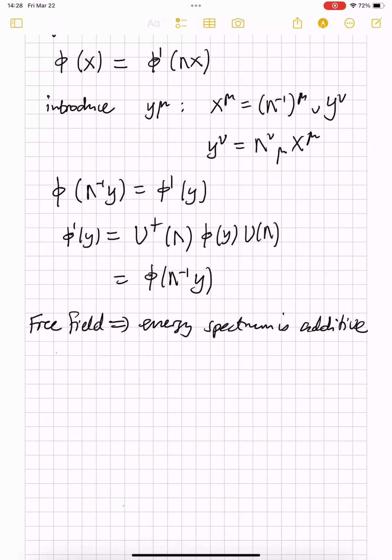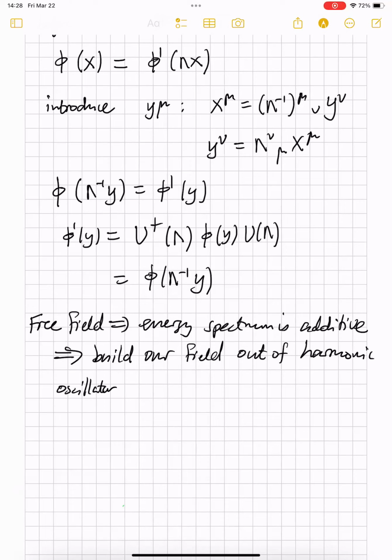And because the energy spectrum is additive, it means we should build our field out of harmonic oscillator creation and annihilation operators. Good. Okay. So how are we going to do that?